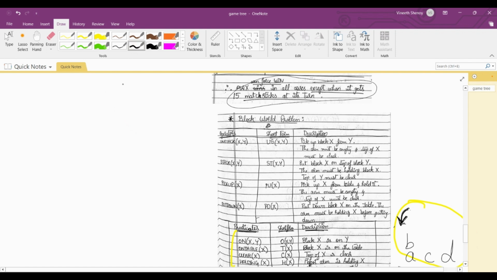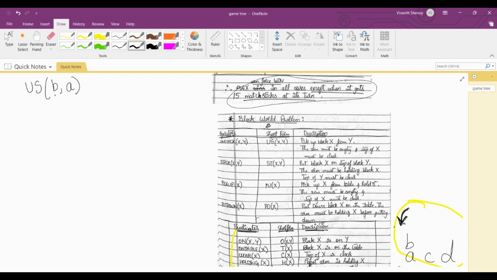Consider we want to unstack block B from block A. Now remember, the unstack operation can be done only when a block is over another block. If a block is on the table directly, then there is another function for it. So unstack means you can remove or pick up a block which is on top of another block.